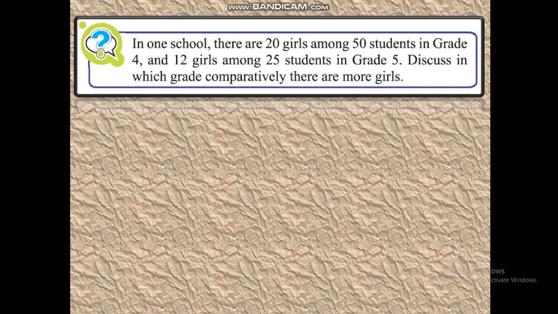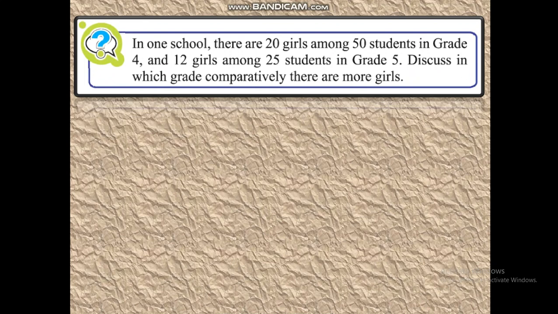See that in the example, in a school there are 20 girls among 50 students in grade 4. That means grade 4 students number is 50 and girls is 20, and 12 girls among 25 students in grade 5.